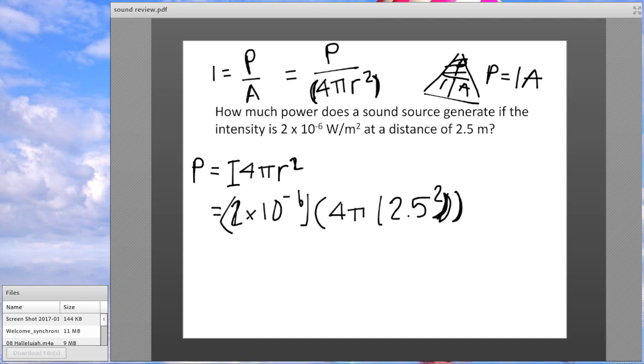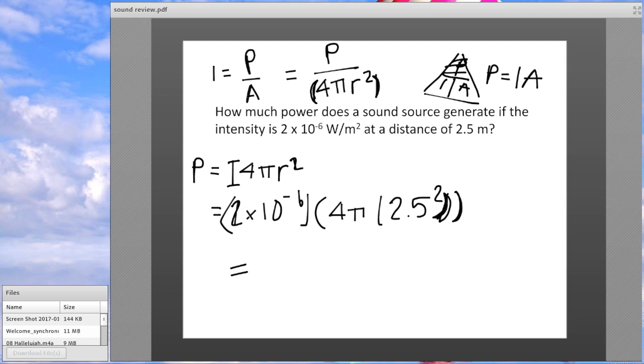The way I like to do it is I like to do the squares first. So I have 2.5 times 2.5 times 3.14 times 4 times 2 times 10 to the negative 6. And I'm going to get a small number, but that's okay.